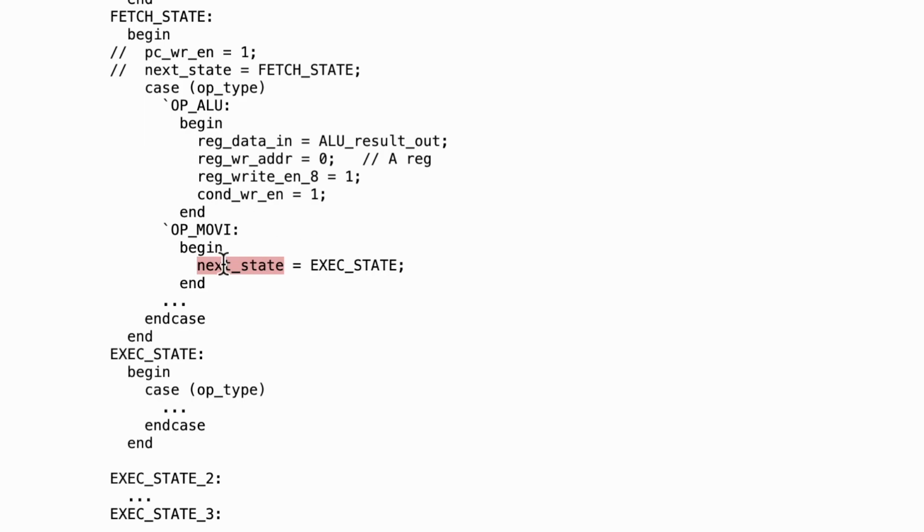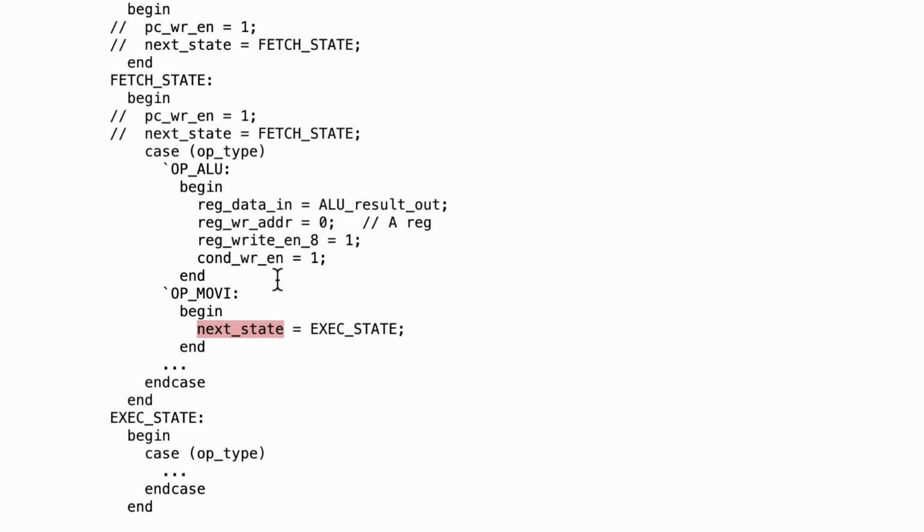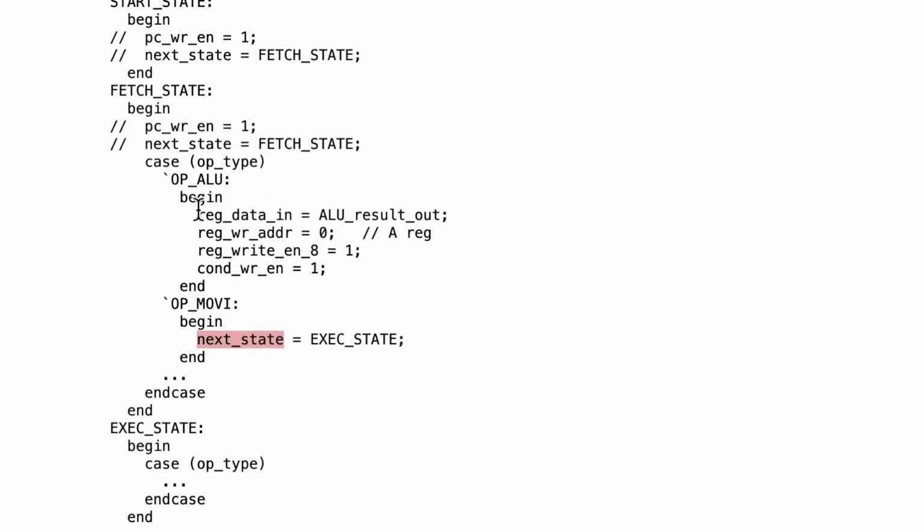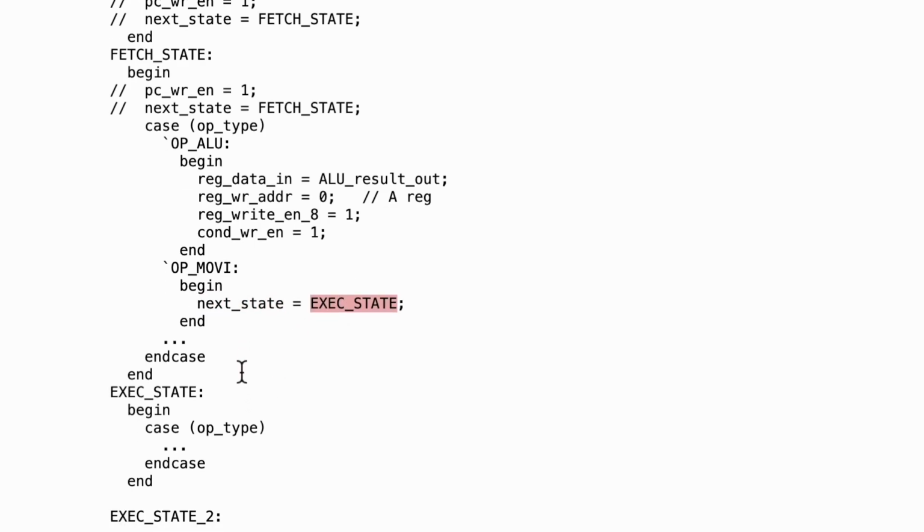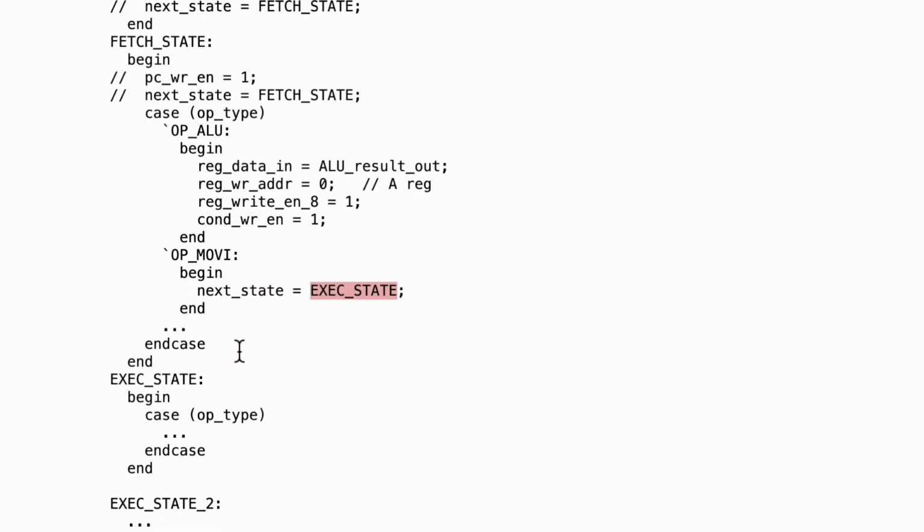So the only purpose of the fetch state for the move immediate is to allow the memory time to fetch the next byte. So we will go ahead and increment the program counter and update it, and we'll fetch it, but we won't be loading the instruction. The instruction will just stay the same. So when we move into the exec state, we can go ahead and do something with that value.